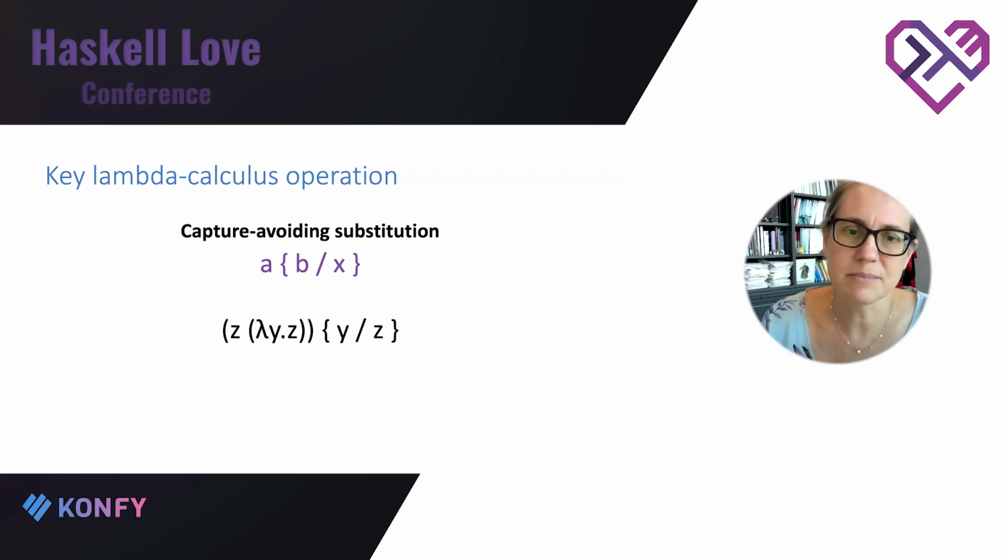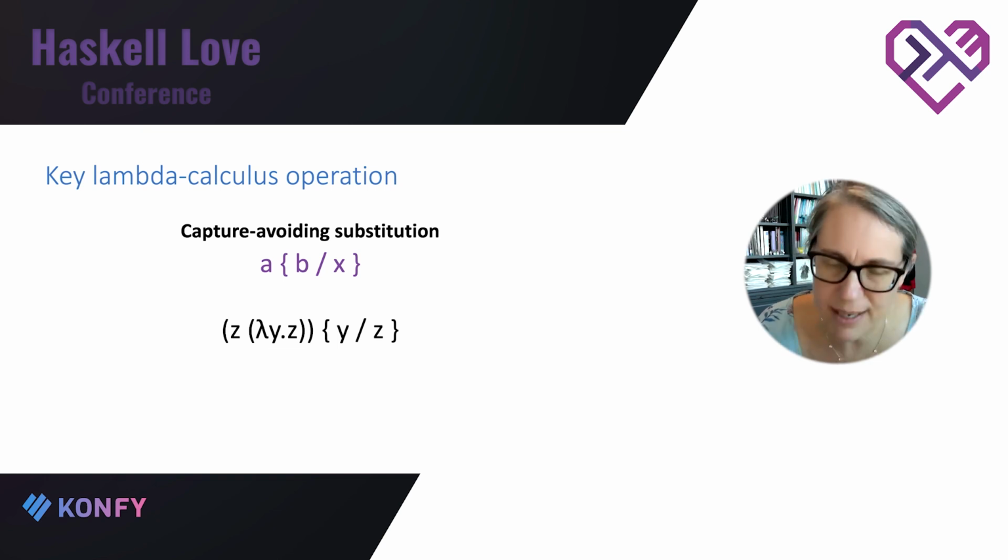So if you look at this particular example, you see that the variable z appears freely twice in this lambda term, and we want to replace z by the variable y. But the second occurrence of z is underneath a binder for y, and we don't want to naively go through the term and replace that.